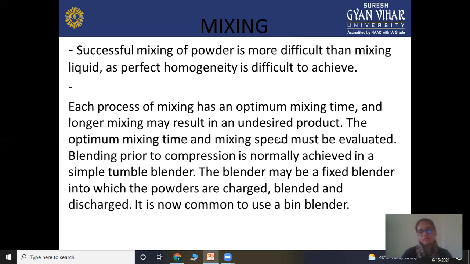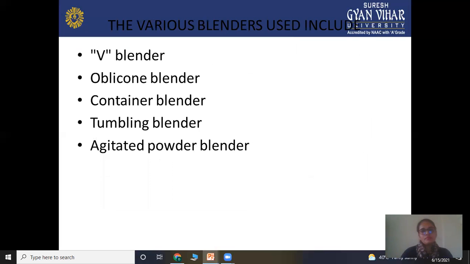So this mixing step is very important for your tablet, and a uniform or homogeneous mixture should be formed after this mixing. These are the various blenders used in this mixing, including V blender, double cone blender, container blender, tumbling blender, and agitated powder blender. These are the blenders mainly used for this blending purpose.